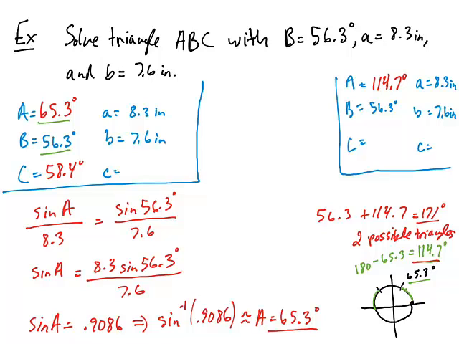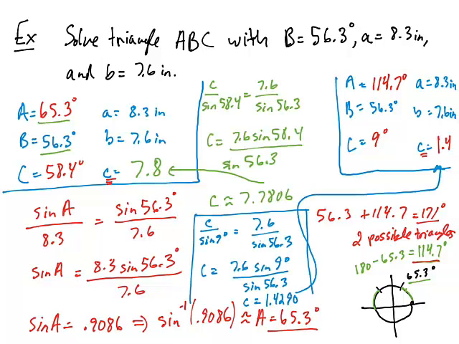And what's left over is 9 degrees, so angle C is going to be 9 degrees. Now we need to find side C in each of these triangles. So I'll go ahead and do that. Alright, so I use the law of sines to find side C for each possible triangle. So what we've done is we've solved both possible triangles here.